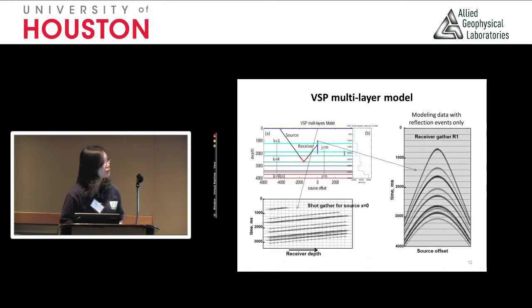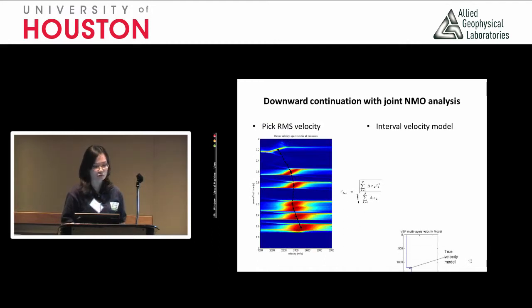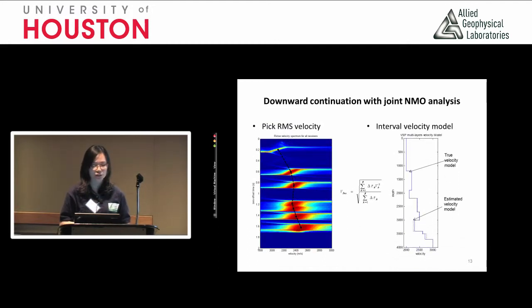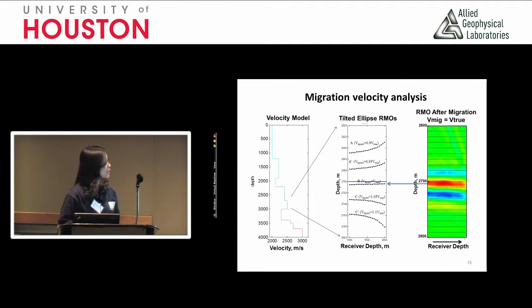Using that model, we can first use a downward continuation with joint NMO analysis to get the initial model, which is what we apply for the second method, and we can see it's a really good measurement for our model. After we get this initial model, we can zoom into each layer and flatten the residual move out.